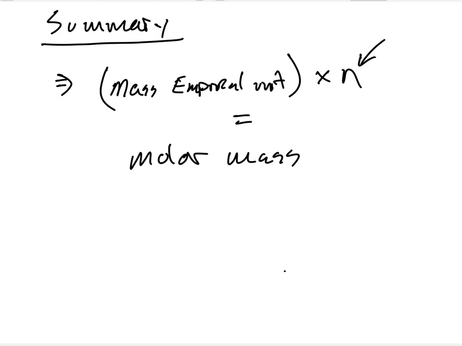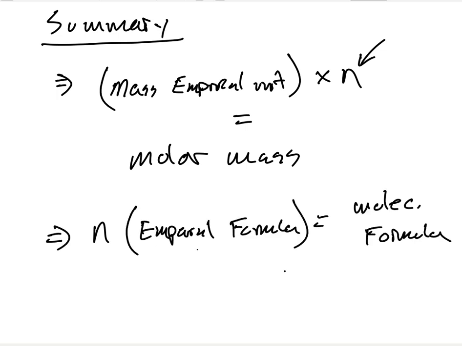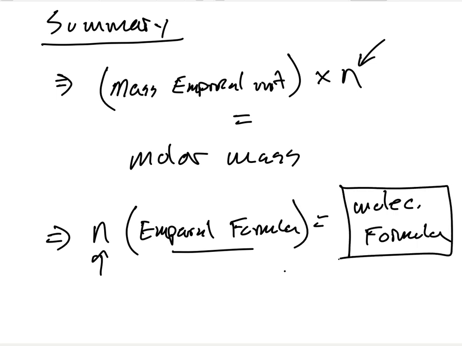And once we have this integer, we can multiply that empirical formula by this integer value, which is basically just taking n times each one of those subscripts in that empirical formula, and that will give us our molecular formula for some previously unknown compound.